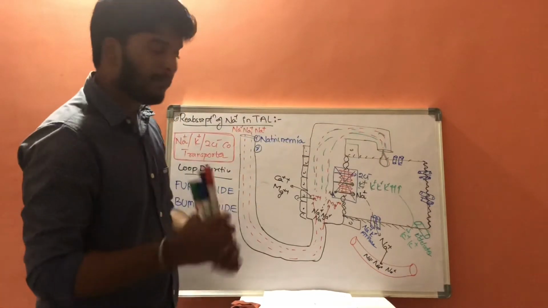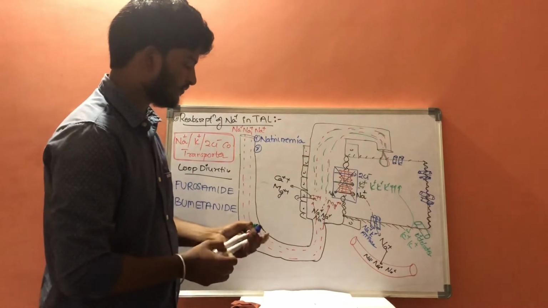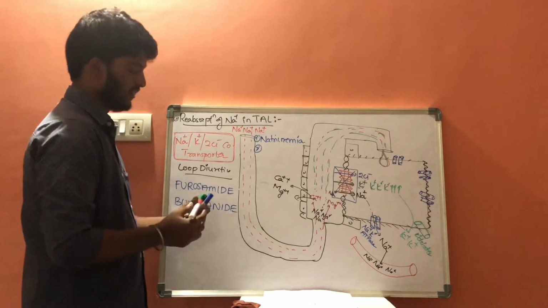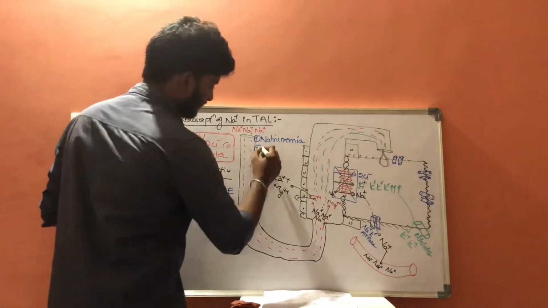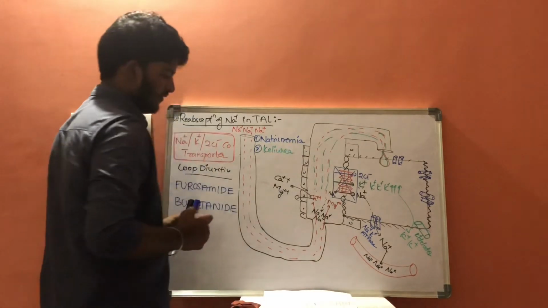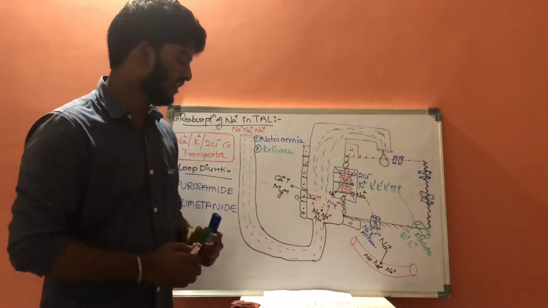The presence of potassium in the urine is called kaliuresis or kaliuria. That is the second one.